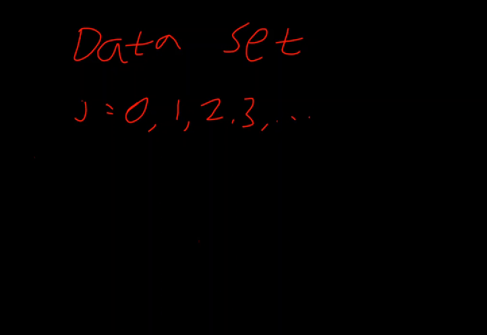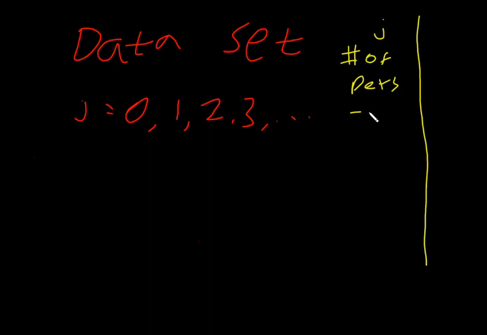So j is going to be the number of pets, and then we'll define what is called n of j. And n of j is literally the number of people that responded with j.